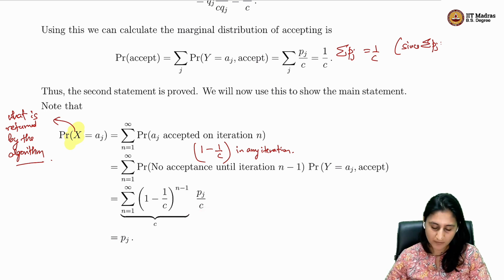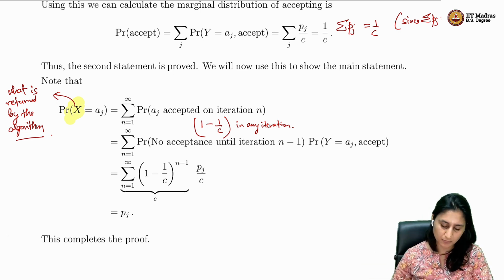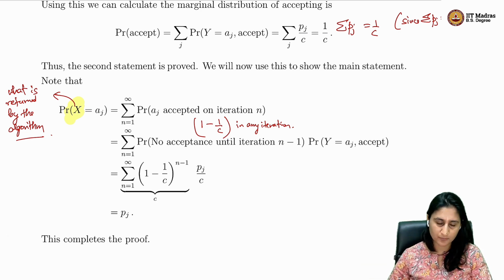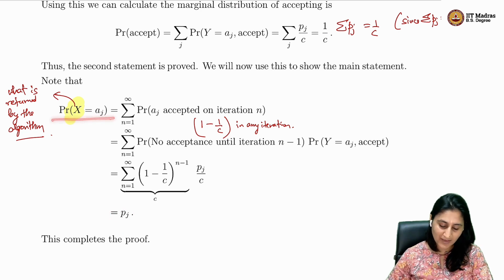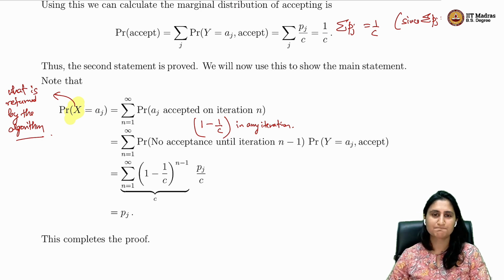Now, it can be shown via some geometric sum calculations, which I don't want to get into, fairly straightforward, that this sum is just c, and this is independent of n. So c will get cancelled, and so I just get pj, which means the probability x is equal to aj is pj, and then that completes the proof.